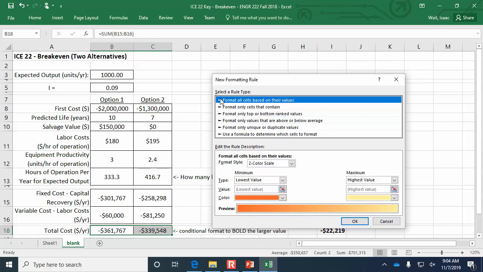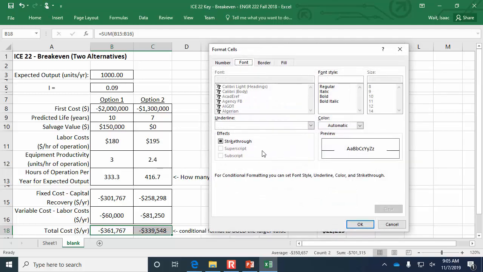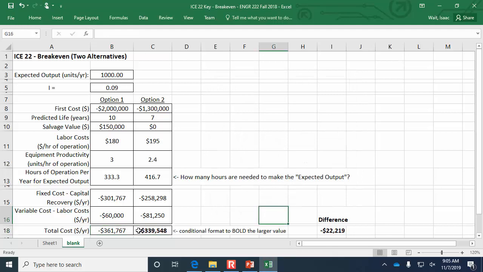I don't want it to be colored; the top one will be bolded. So of the 2 that I have highlighted, it'll take the top one and bold it. I went into the formatting there, and so you can see the cheaper alternative is bold just to make it more obvious.